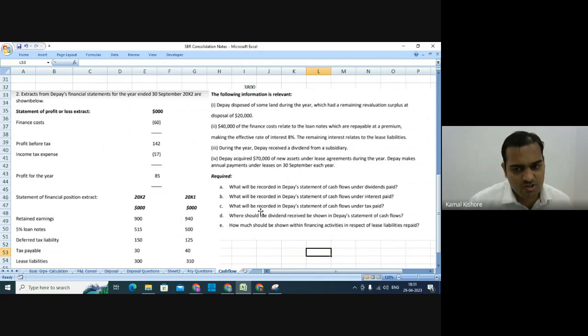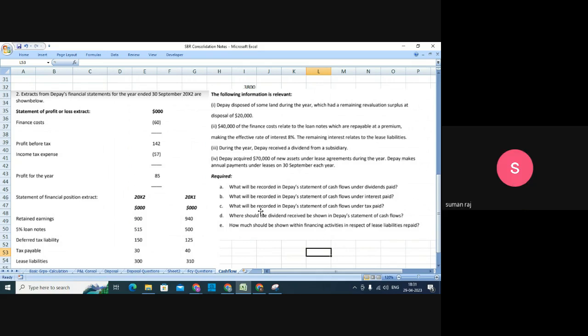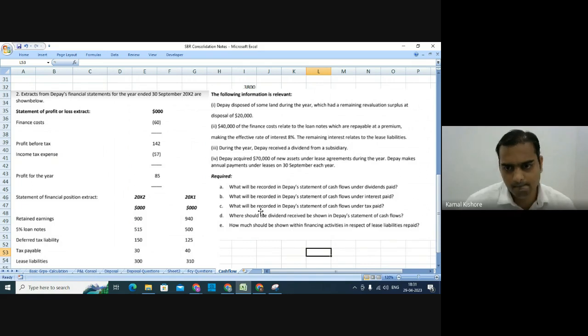On the loan notes, how much interest have you paid? 5%. Which is how much? 25. Right. But why is that balance 515? How do we arrive at that balance of 515?